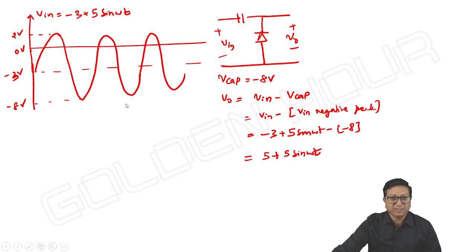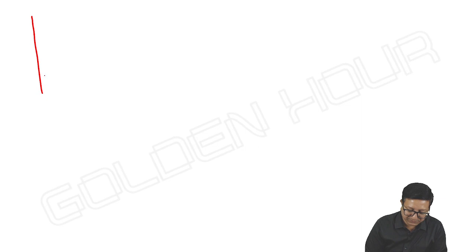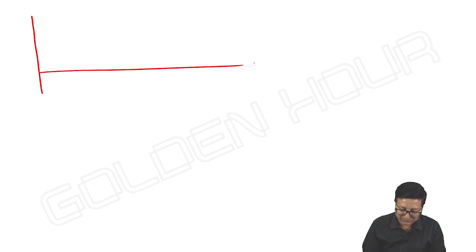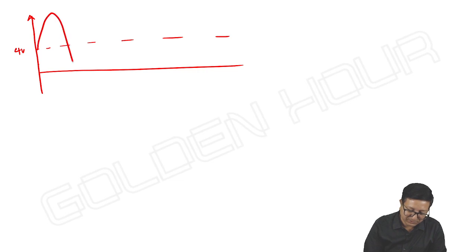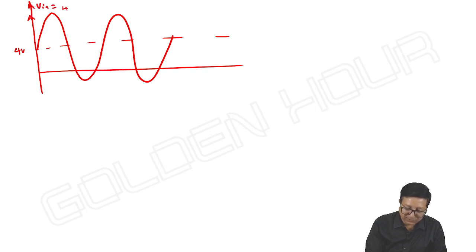Instead of that, if the input is 4 volts, something like this, it is 4 plus 5 sine omega t.